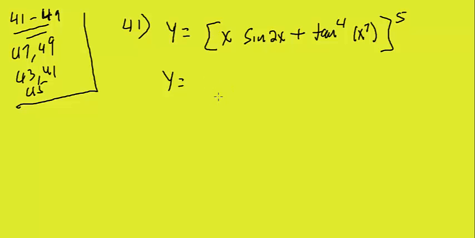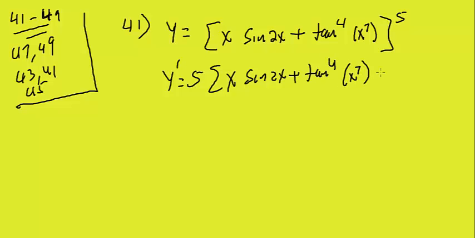Alright, what's my outside function? 5. X times sine of 2x plus tangent to the 4th, x to the 7th to the 4th power. Okay, times. I'm going inside. When I go here, I have to use a product rule and a chain rule.